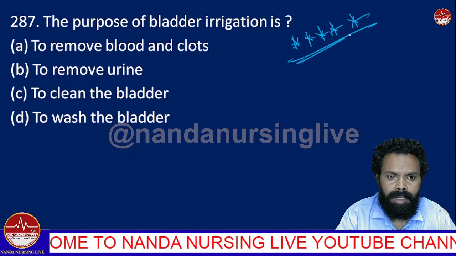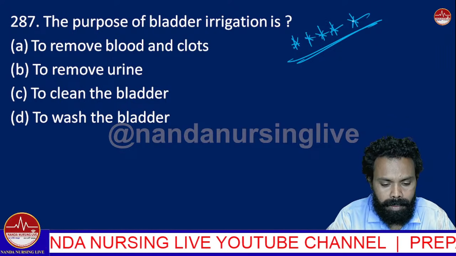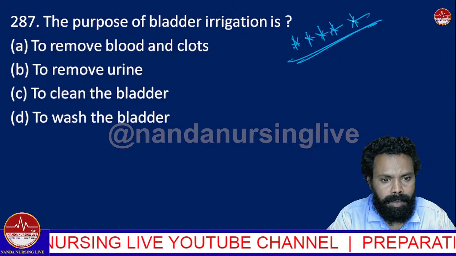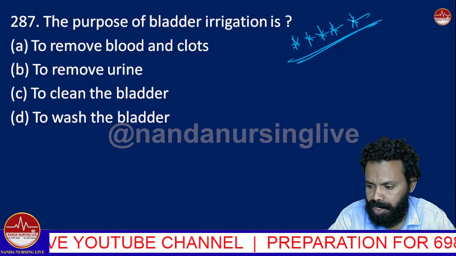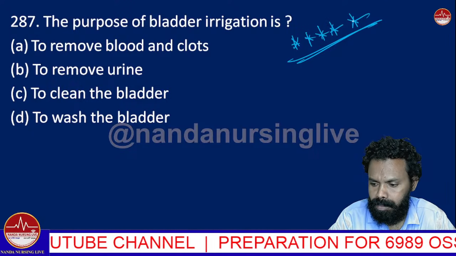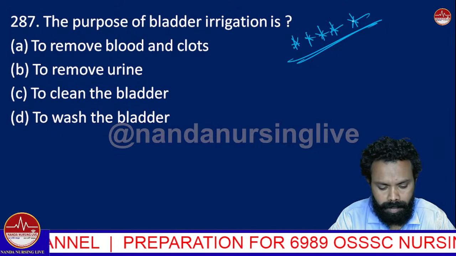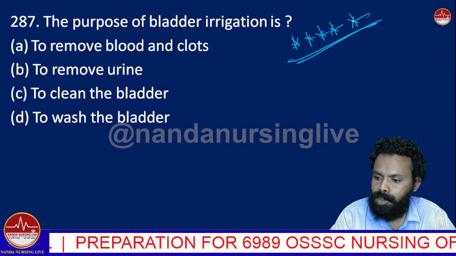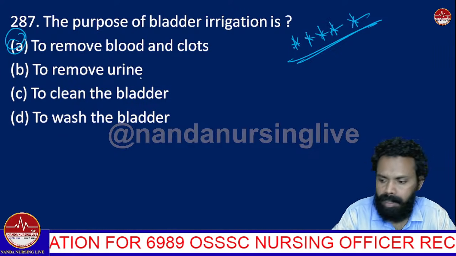Why we are doing bladder irrigation and what is the purpose of bladder irrigations. So option A is the correct answer, beta, right: to remove blood and clots.